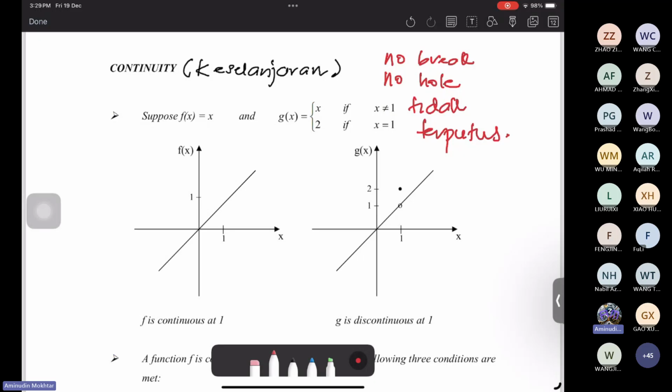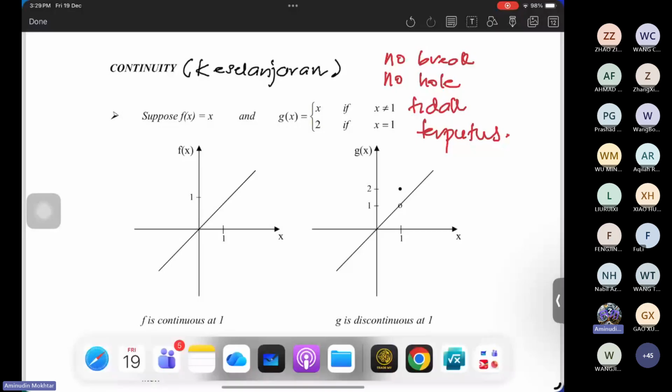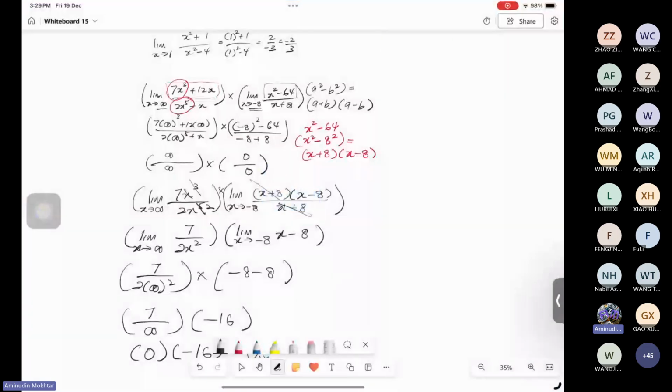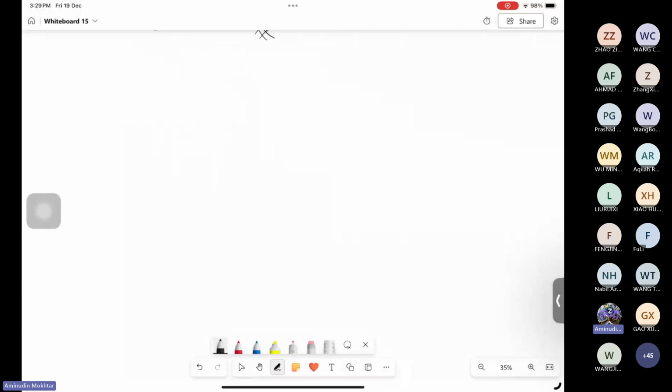Okay, for example, before this we learned about linear function, quadratic function, and log and exponent.